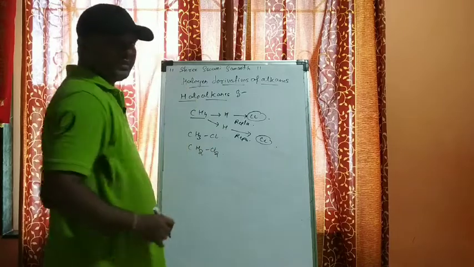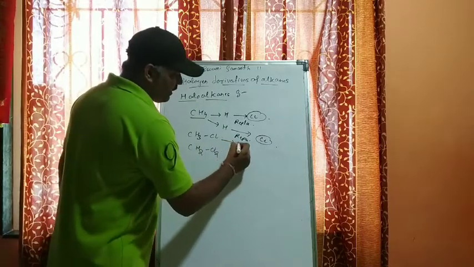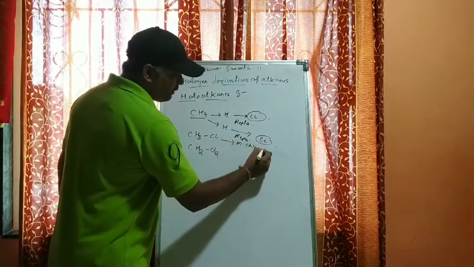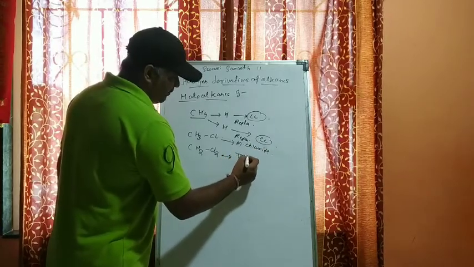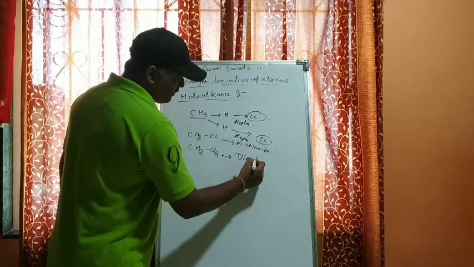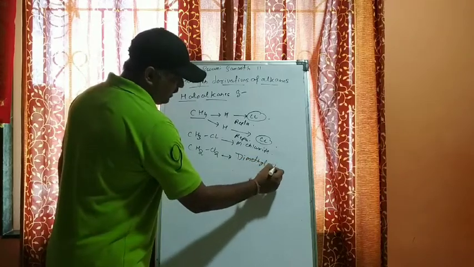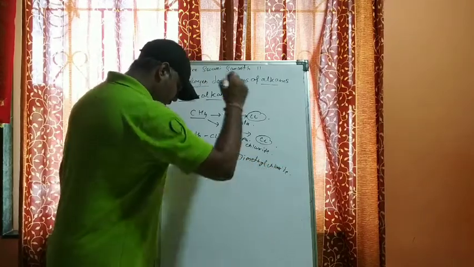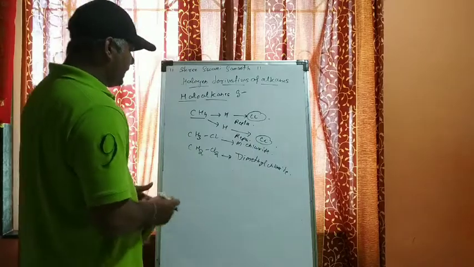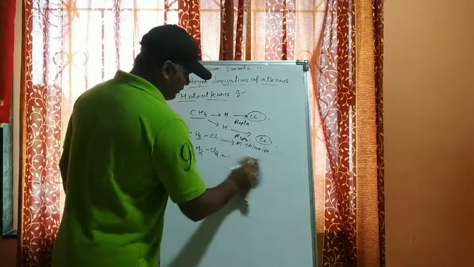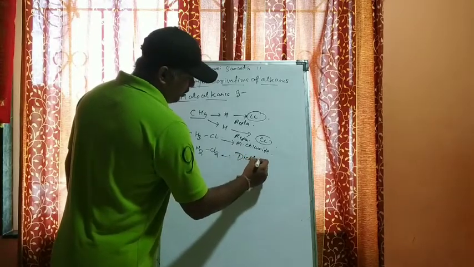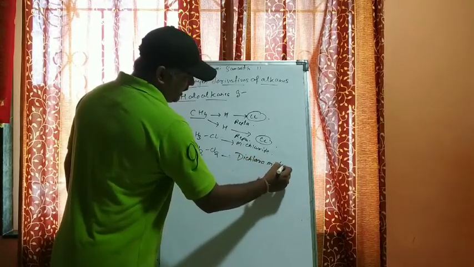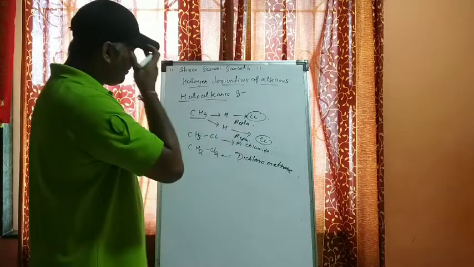CH2Cl2, right? This is dimethyl chloride, or we can say dichloromethane. This is the name, right?